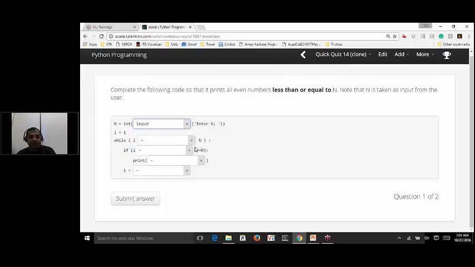This has to be an input, and I have to print all even numbers less than or equal to n. So I have to check for i less than or equal to n here, and to compute an even number I can take modulo 2, and then I have to print the value, and finally I can do i equal to i plus 1. I suppose everyone should have done it, even though I gave some commentary.